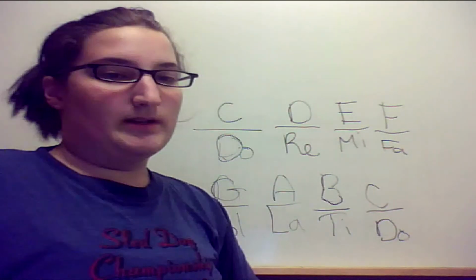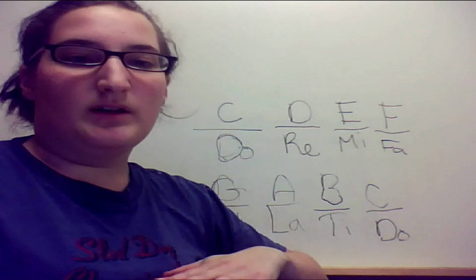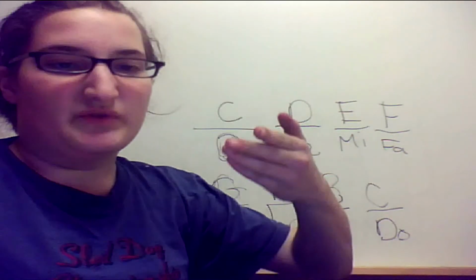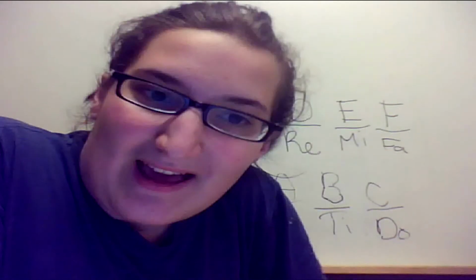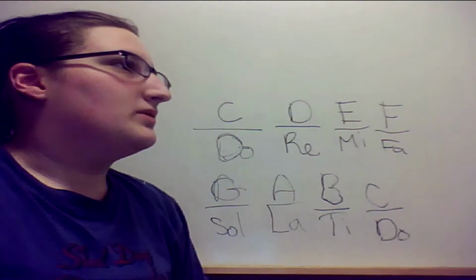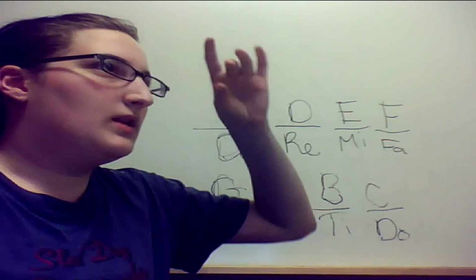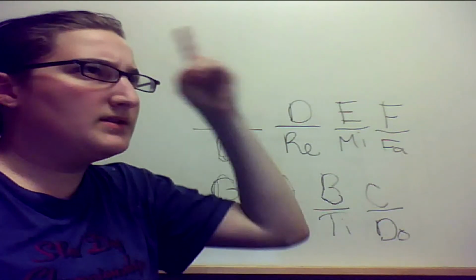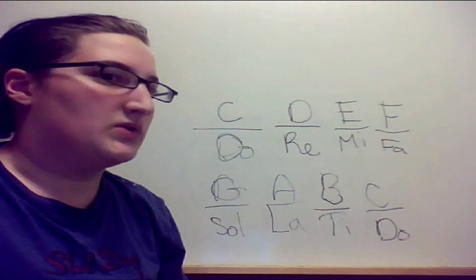Re goes a little bit higher than that, kind of right here-ish. Mi is right around here. Fa, sol, la, ti, and do. If you were to sing that, it would sound something like this: do, re, mi, fa, sol, la, ti, do, ti, la, sol, fa, mi, re, do.